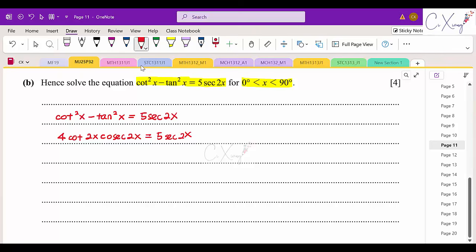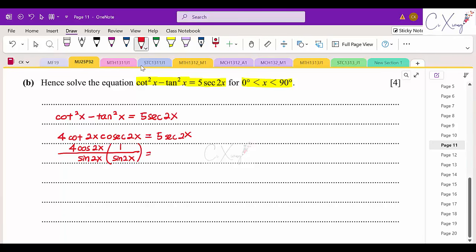Equals to 5 secant 2x. Okay, and to solve this equation, for me, personally, I will want to make it into cos and sine function first. So for cotangent 2x, I can make it become cos over sine. Then for cosecant 2x, you can make it become 1 over sine.